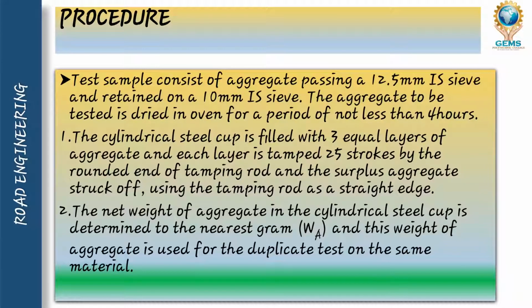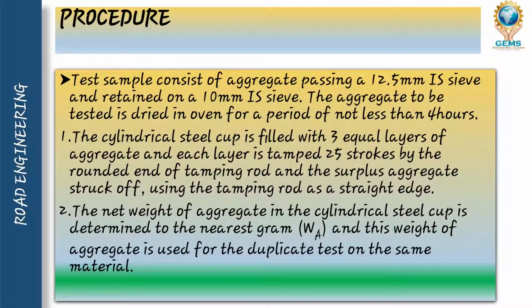The cylindrical steel cup is filled with 3 equal layers of aggregate, and each layer is tamped with 25 strokes by the round end of the tamping rod, and the surplus aggregate is struck off using that tamping rod as a straight edge.